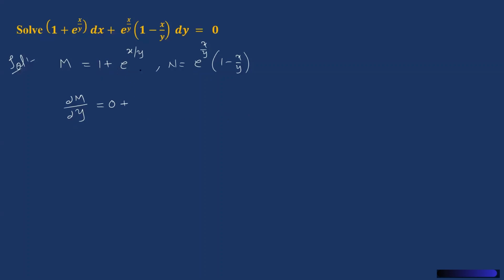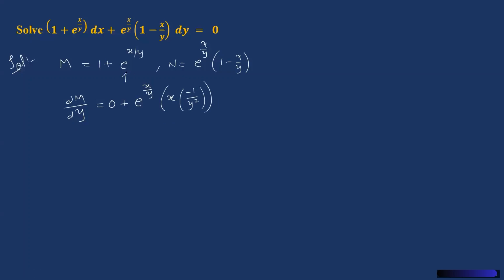When you differentiate an exponential function, we first get e^(x/y) as it is. Then we need to differentiate x/y. While differentiating x/y, we should remember x is a constant. So we first write that x as it is, and the remaining is 1/y. When you differentiate 1/y, we get −1/y².